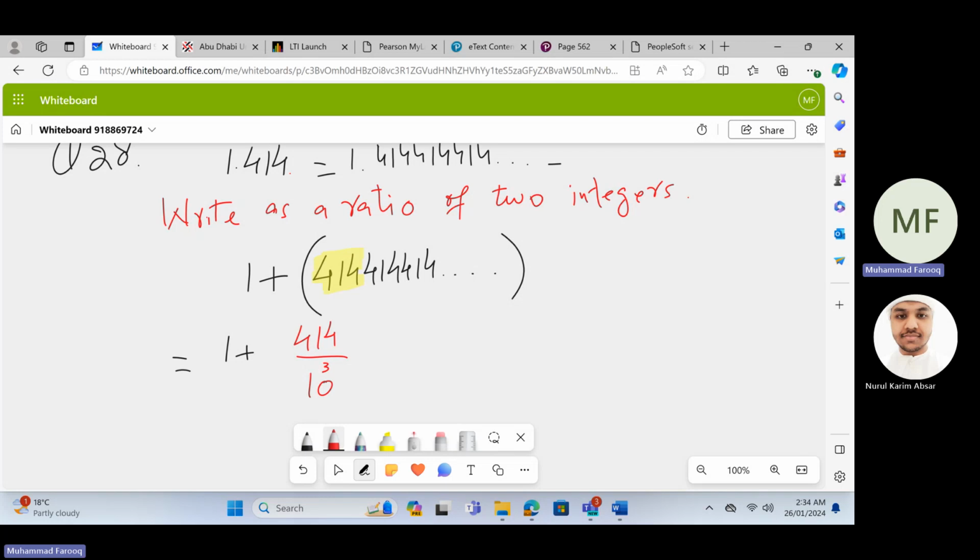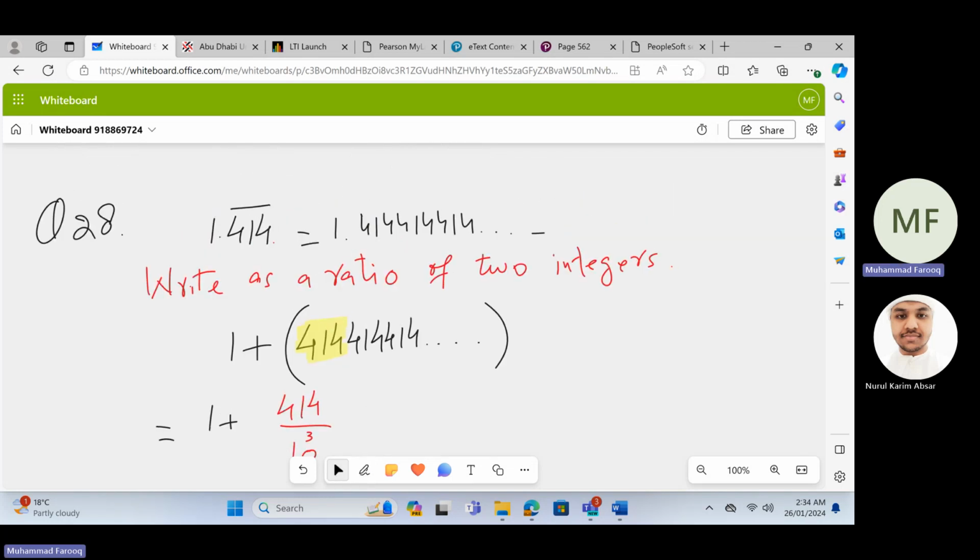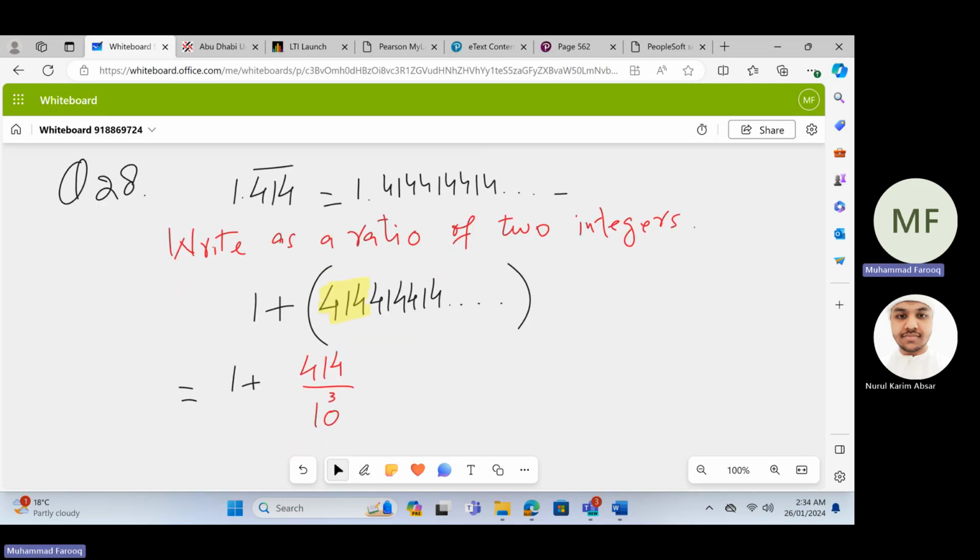Please try to understand again. This is the question: 1.414 repeating. I just write it 3 times, 414, 414, 414. Then we check: the first group comes after how many decimals? 3. So I write the first group divided by 10 to the power 3.